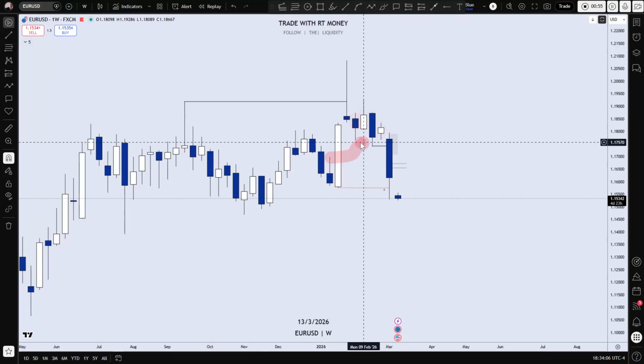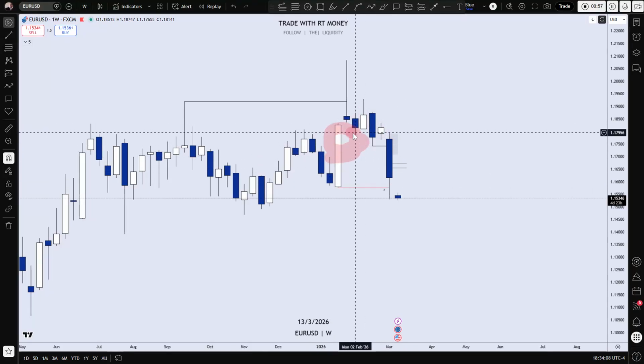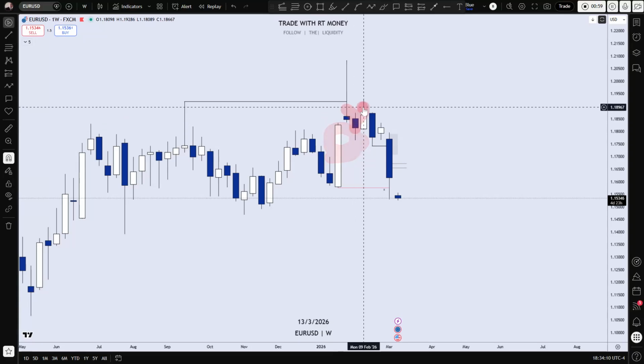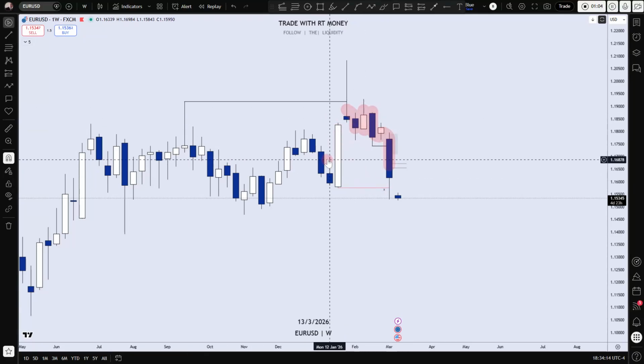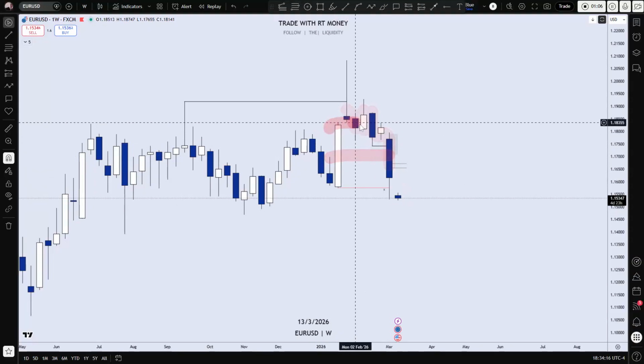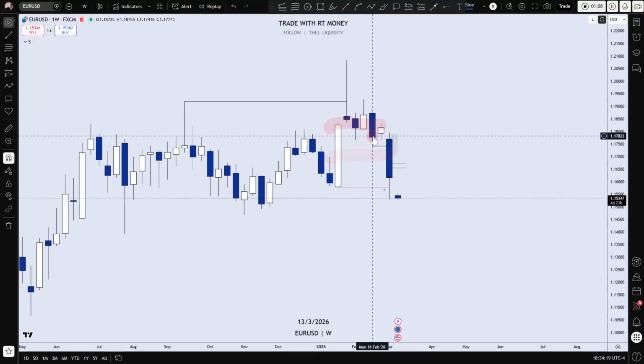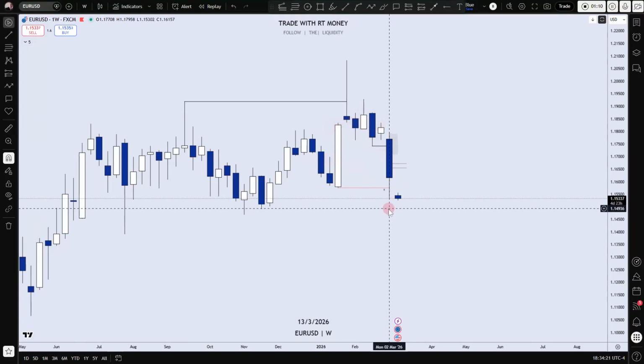There was a bullish fair value gap here that was holding price at bay until it wasn't. And we have a close below that bullish fair value gap, which is a bearish indication.